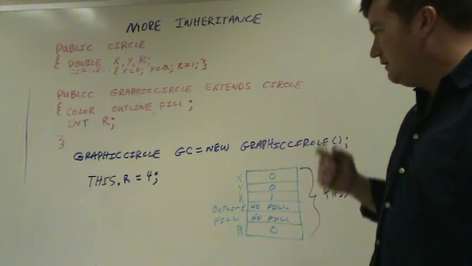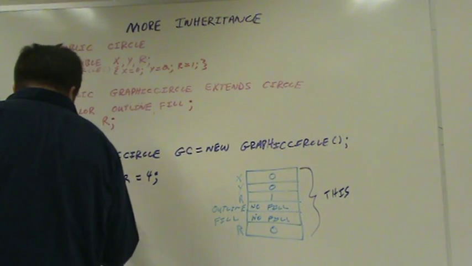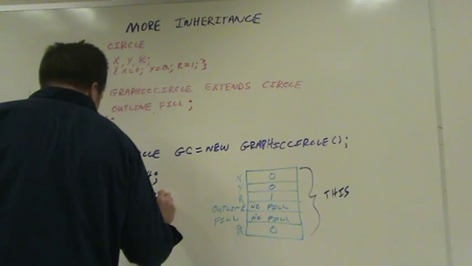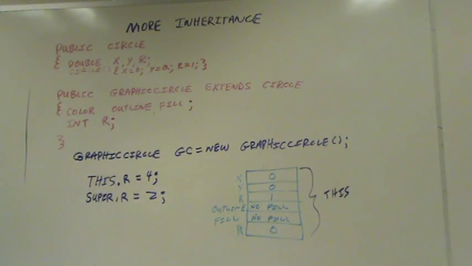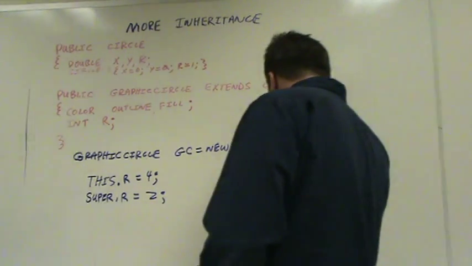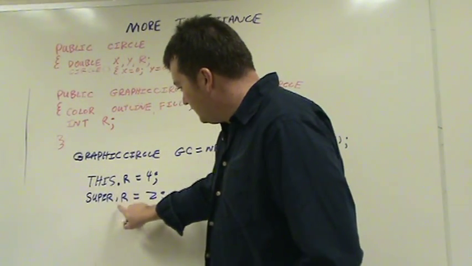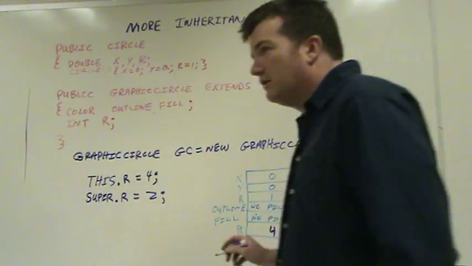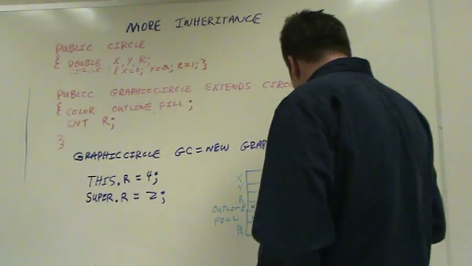If we said super.R equals 2, then the first one did make this a 4. If we say super.R equals 2, we're saying the superclass, which is really this section.